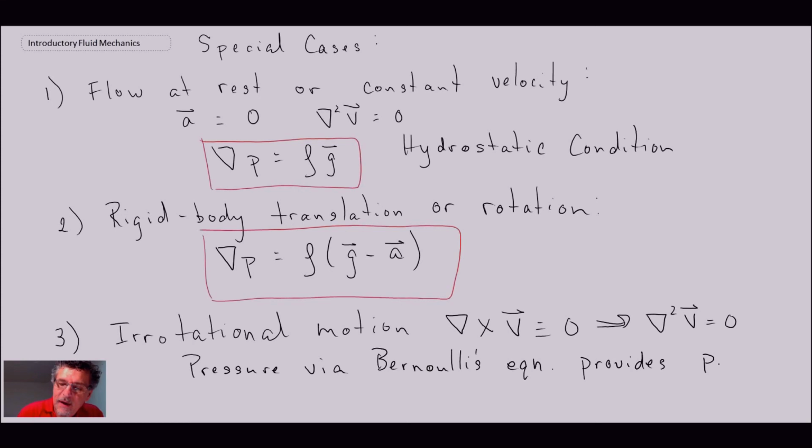So pressure via Bernoulli's equation provides the pressure in the equation that we have. Those are simplifications that you can have. In this section, however, we're mainly going to look at the hydrostatic condition and the rigid body translation and rotation. We'll look at the other ones later on in the course.